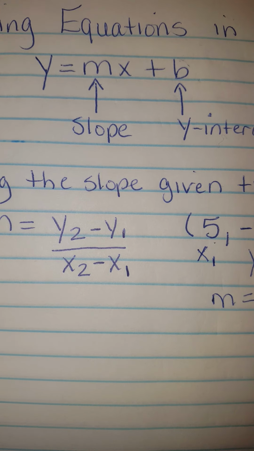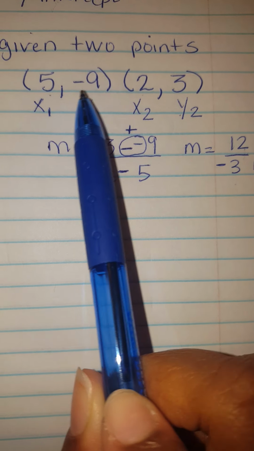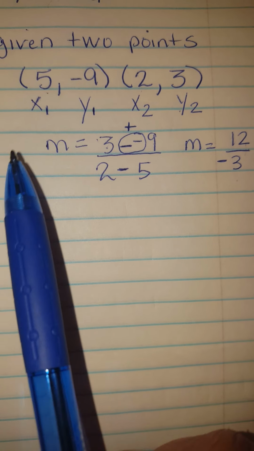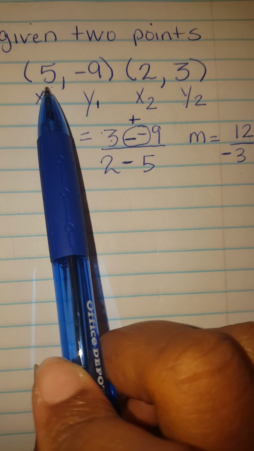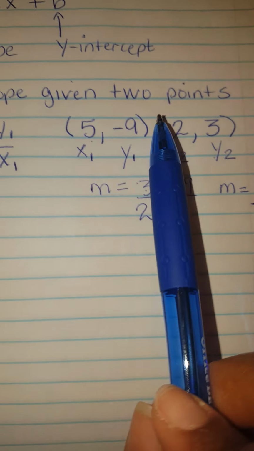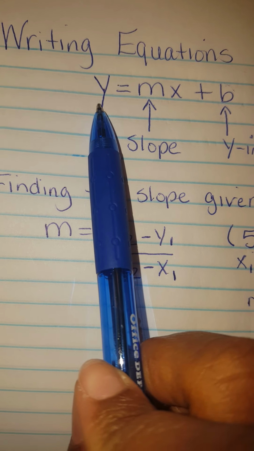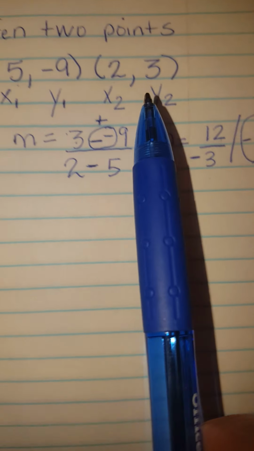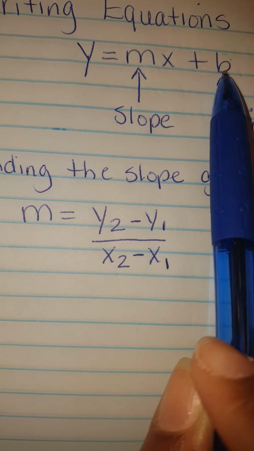So now what we're going to do, we can take the slope that we found and choose to use either one of these points to find out what b is. So I'm going to take the first point that I have here and plug the first number into my formula for the x, the second number into my formula for the y, plug in the negative 4 into my formula for the m, and that'll give me enough information to find my b.